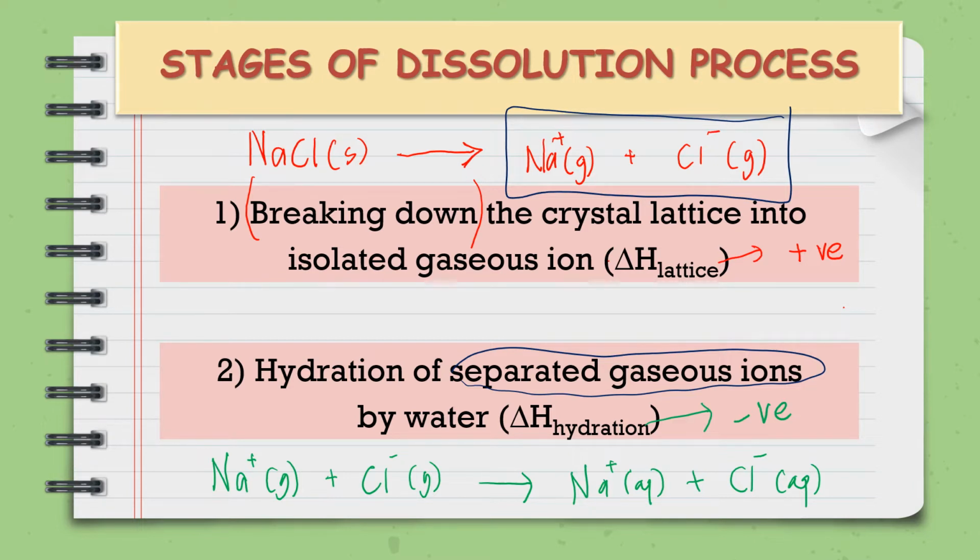Because when it starts to become an aqueous solution, the attraction between the ions becomes more significant. Intermolecular forces are starting to form. So when a bond is formed, energy will be released. That's why the delta H will become negative.